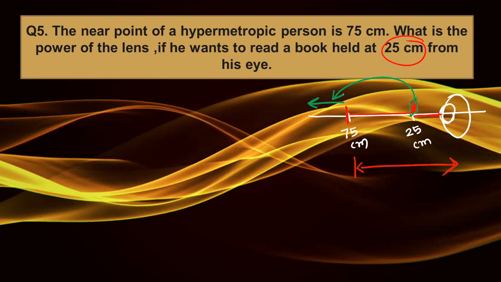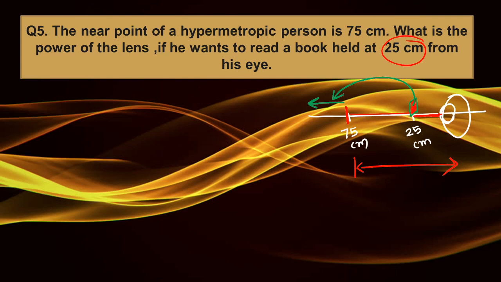Simply, as we are using a lens, the formula we know is 1/v minus 1/u equals 1/f. 1/v means minus 1/75, 1/u means minus 1/25.